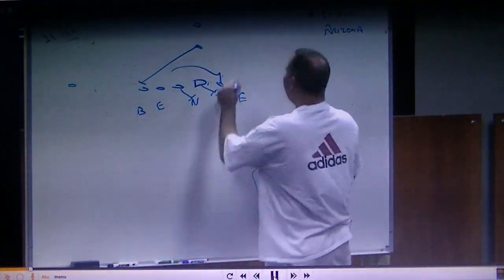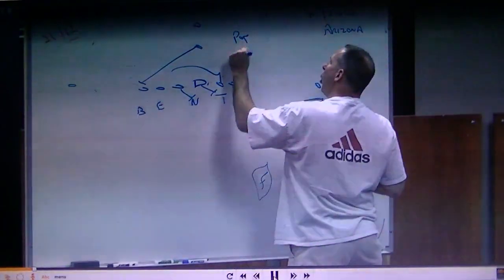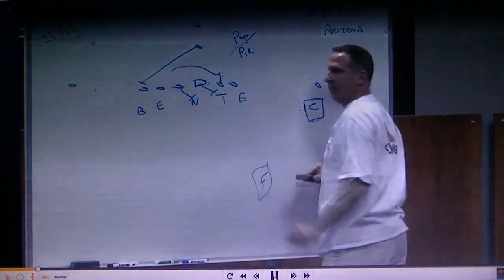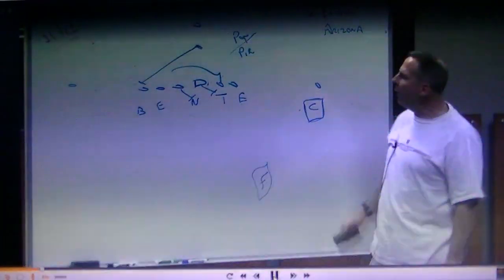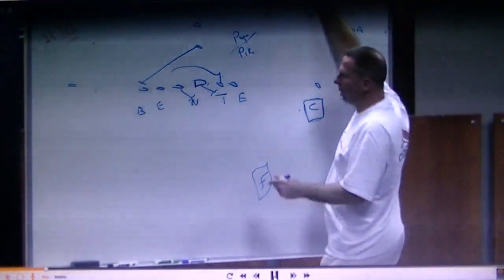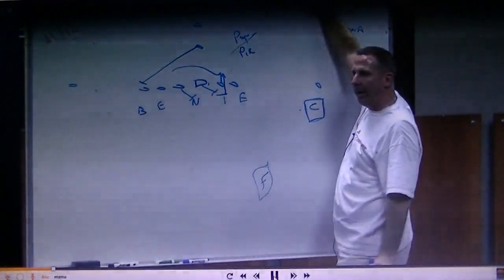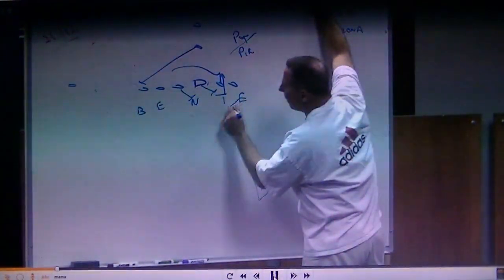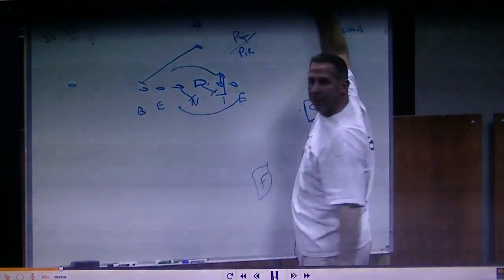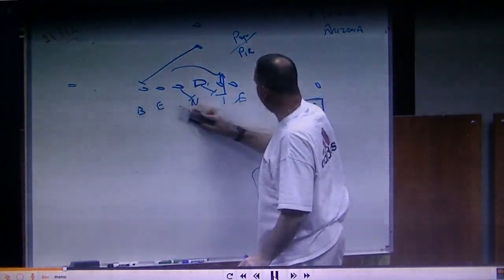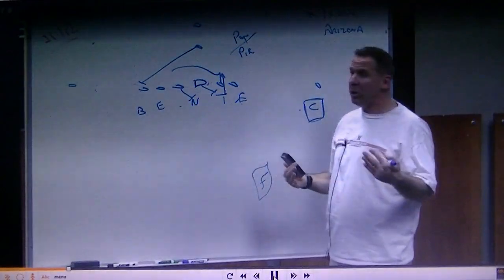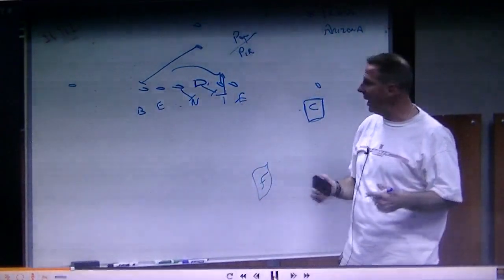So, we said we're going to call pop or pirate with that defense, okay? So if they run power and we run a pop, who's the fold player now? Now the end has got to get all the way over to there, right? And that's real important because that's the worst situation we're going to get in that defense, okay?